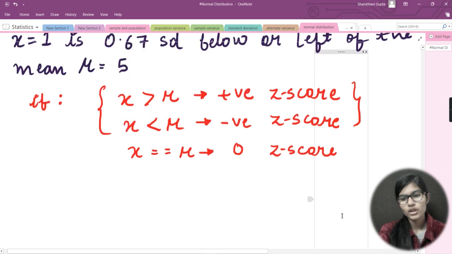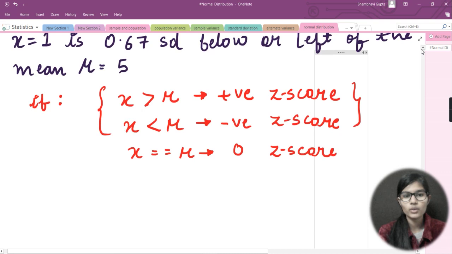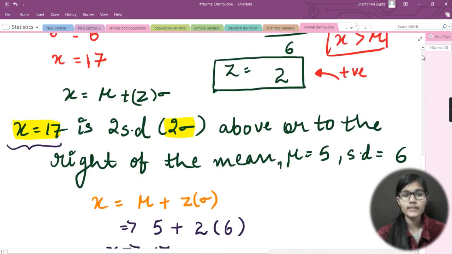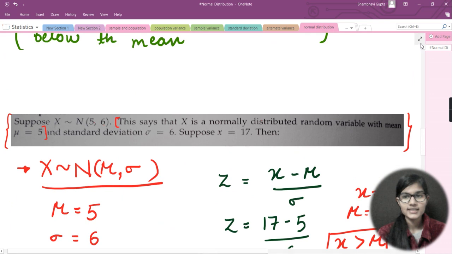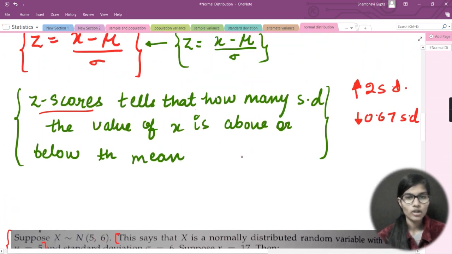So now I hope you got the point, the whole summary about the z score, what it is exactly and how we check whether we are going to get a positive z score, negative z score, or a zero z score. Now quickly, once again, let me revise what the z score does. The z score tells how many standard deviations the value of x is above or below the mean. When the z score is positive, the value will always be above and on the right hand side.